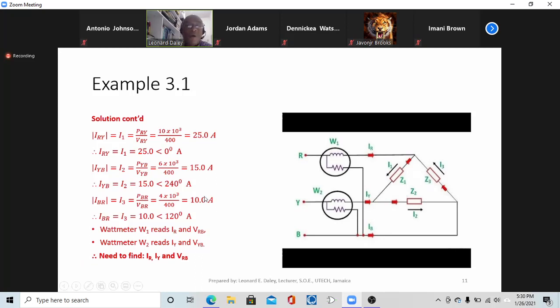Therefore, we need to find IR, IY and VRB.